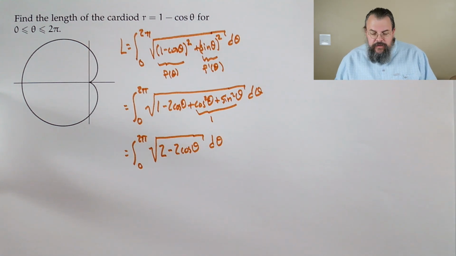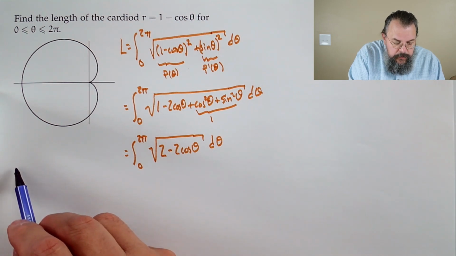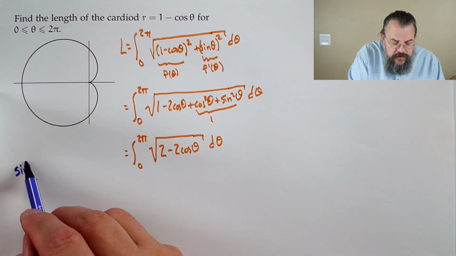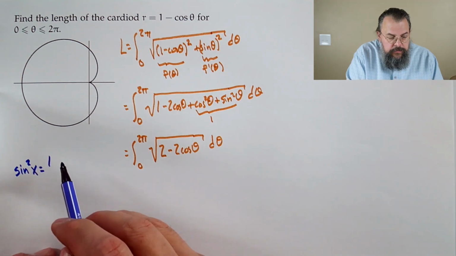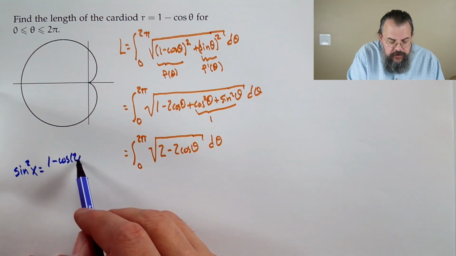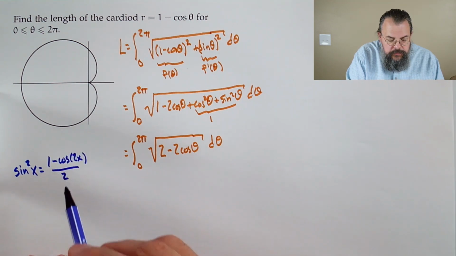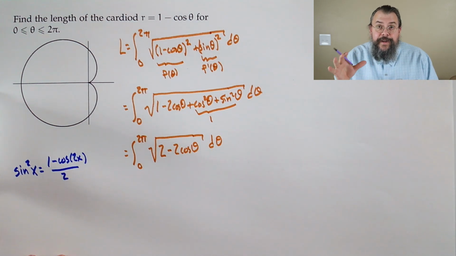And if we look at this, there was this little fact here: sine squared of x is equal to 1 minus cosine of 2x all over 2. That was the identity we didn't use in our last problem. Watch this.